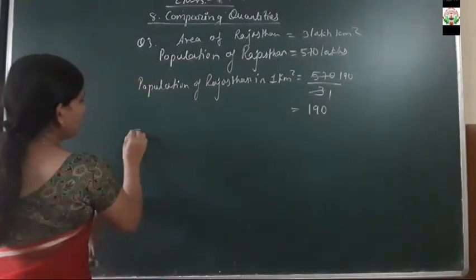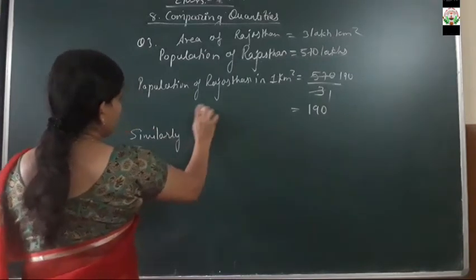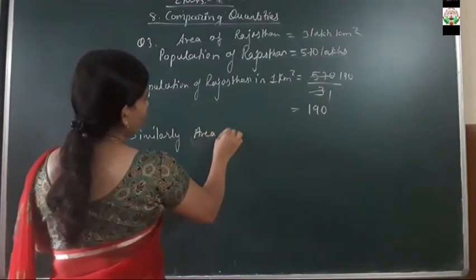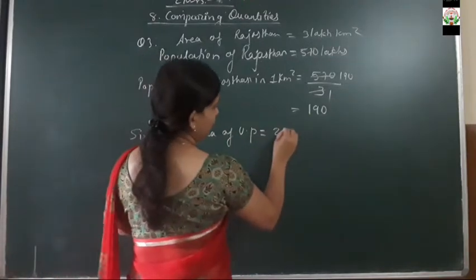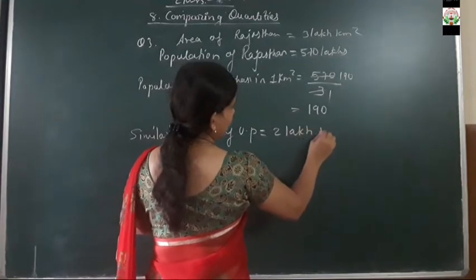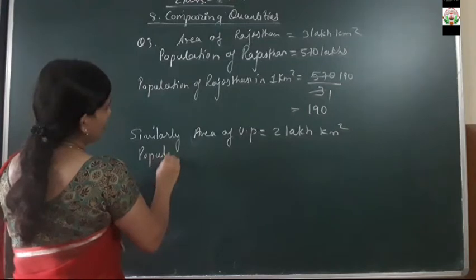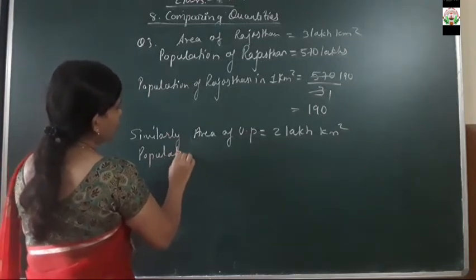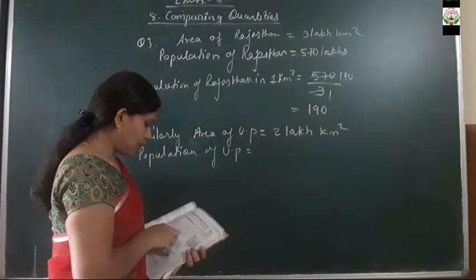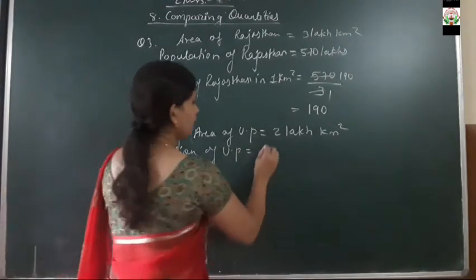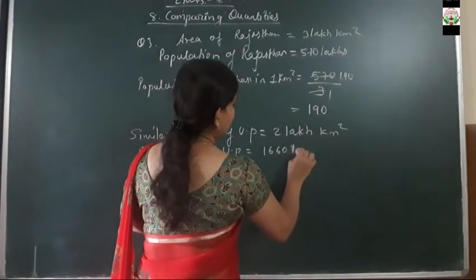Okay, similarly for UP, how much area of Uttar Pradesh is given? 2 lakh kilometer square. This is the area given, whereas the population of Uttar Pradesh, how much population is given, students? It is given as 1660 lakhs.